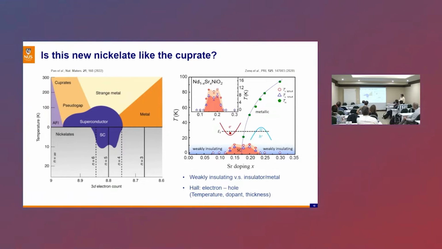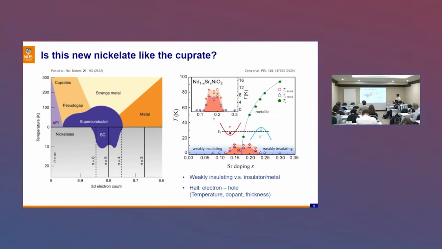So even though within a smaller doping range, but within the same range of 3d electron counts you produce the superconductivity. So this is also where the Ruddlesden-Popper compound picture comes in from this 3d electron count.